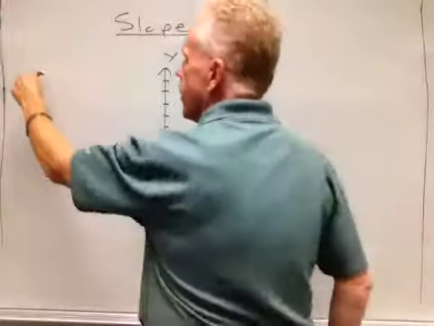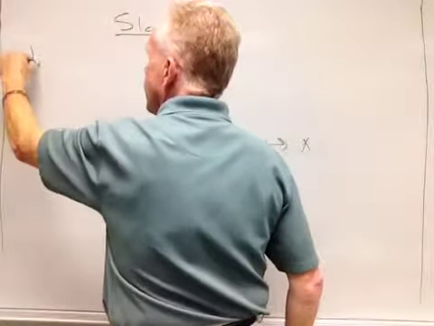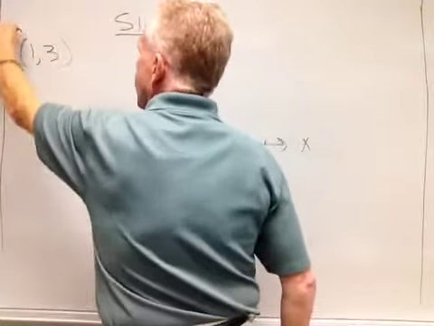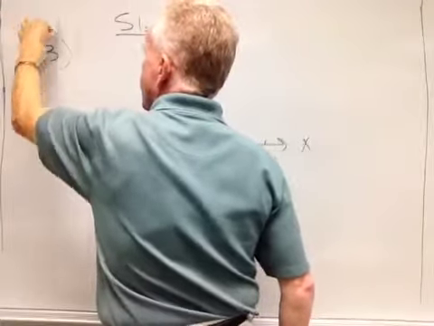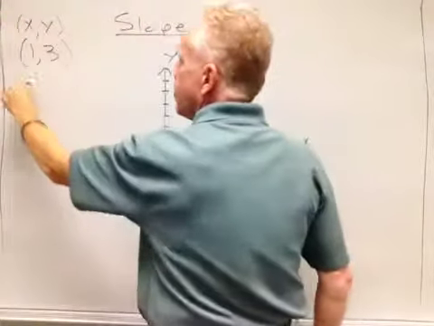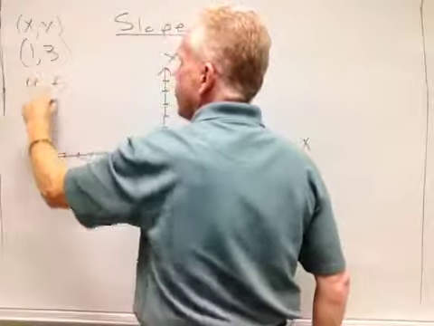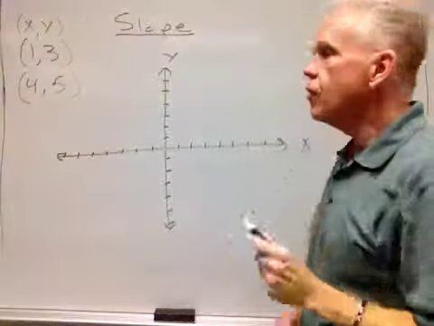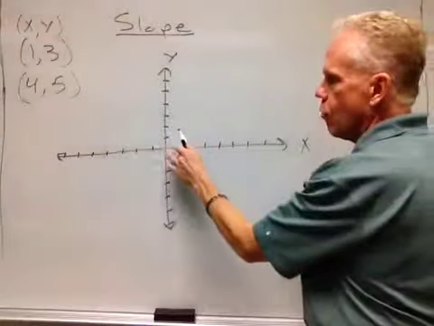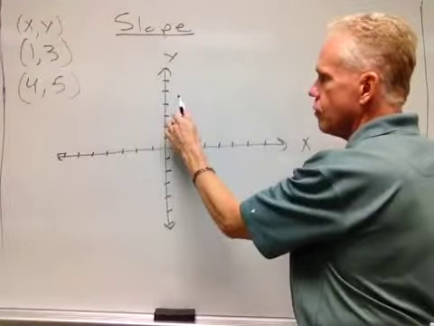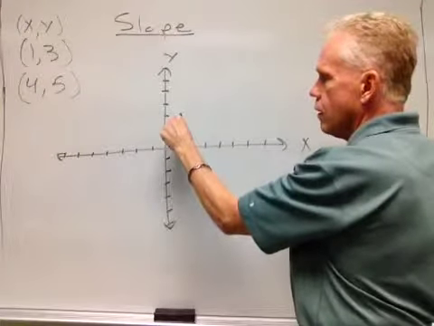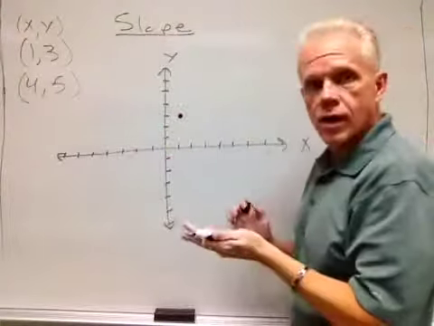I want to plot the point, let's say, 1, 3. Okay, that's my X value, that's my Y value, and then I want to plot the point 4 comma 5. Okay, so I'm going to plot those 2 points. Here's 1 comma 3, and 4 comma 5.